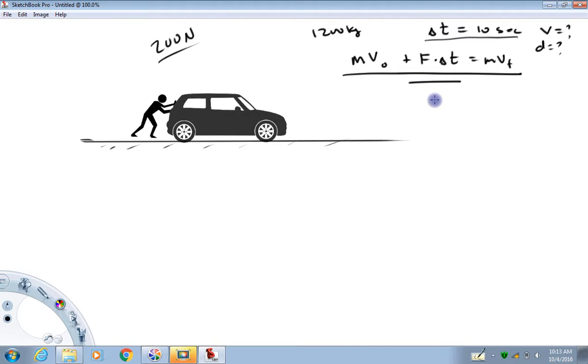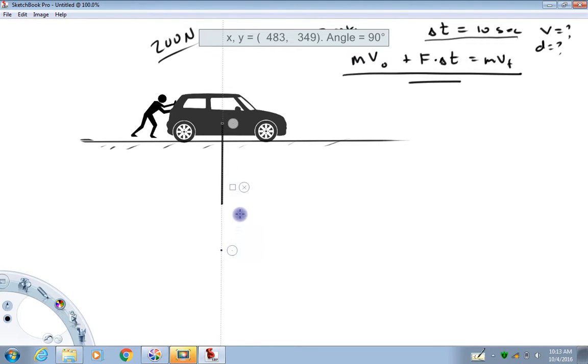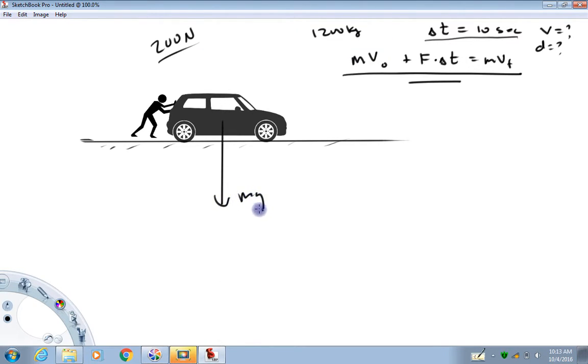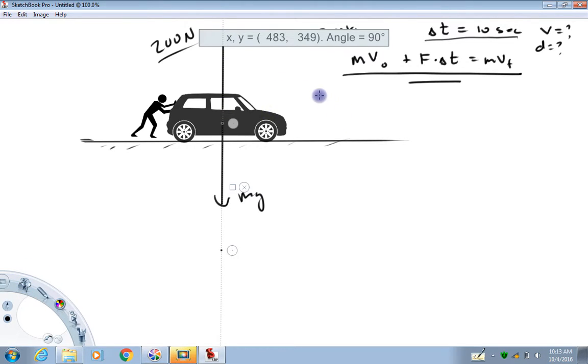It's called impulse. So in this example, when we're looking at the impulse, you always start with a free body diagram because impulse is pretty much directly related to forces. It's force times time. So I'm going to go ahead and draw a free body of the car. We've got the gravitational force acting down, mg. We've got a normal force acting up.